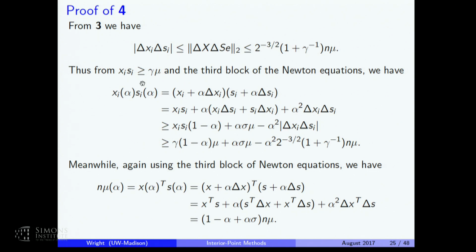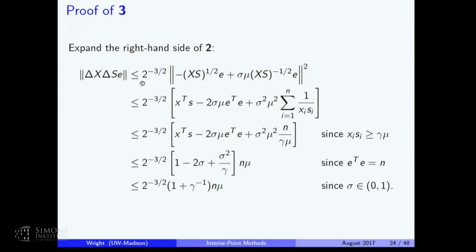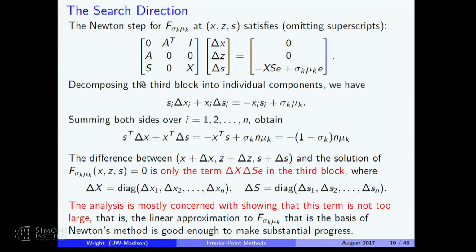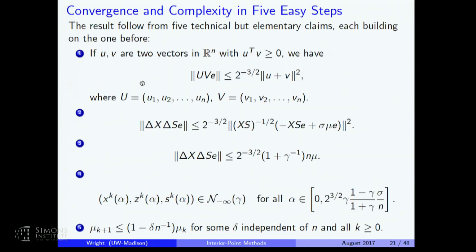They're both quadratics. The xi-si product, I just expanded out using the definition of what you get by stepping a distance alpha along the Newton direction. The term involving alpha, you know exactly what that is because of the third block of the Newton equations. The third block of the Newton equations was just this, so this tells you right away what the coefficient of alpha was.